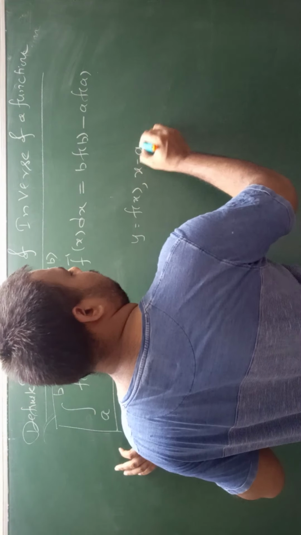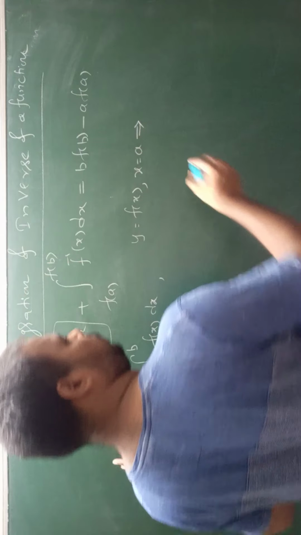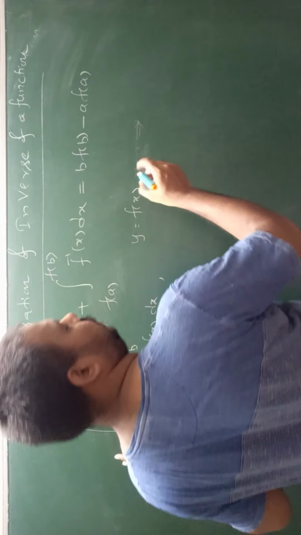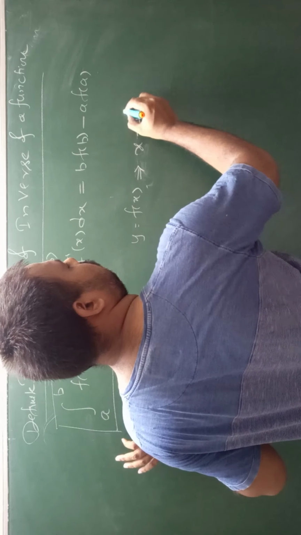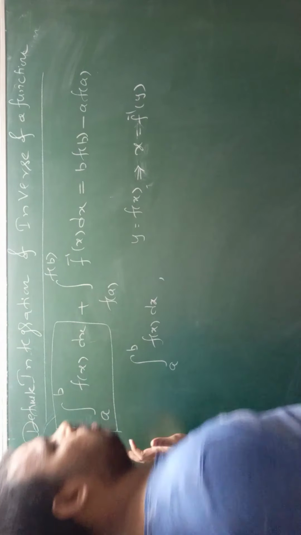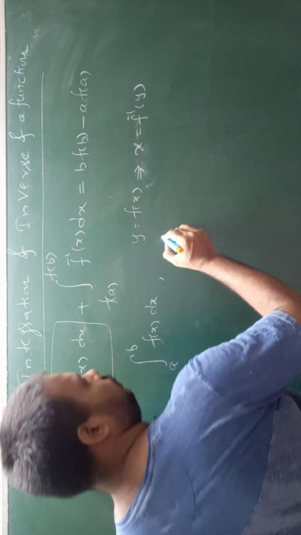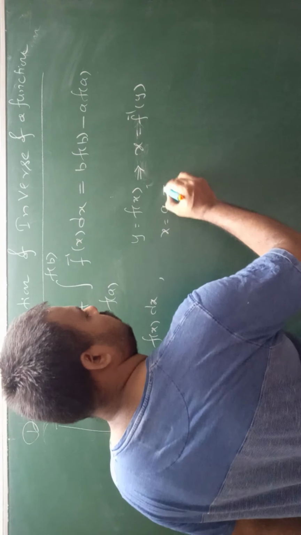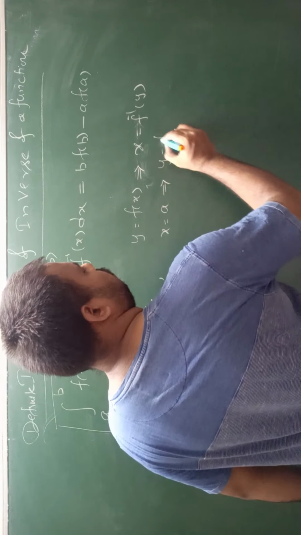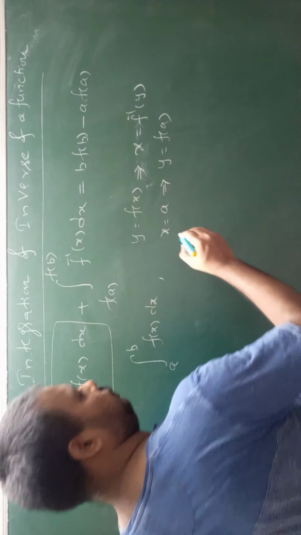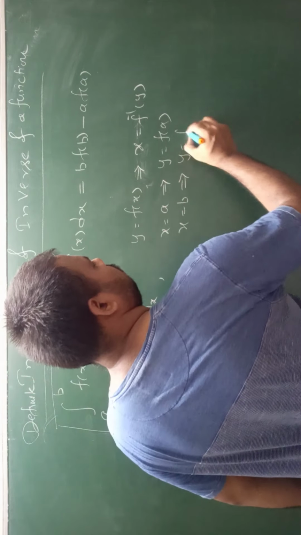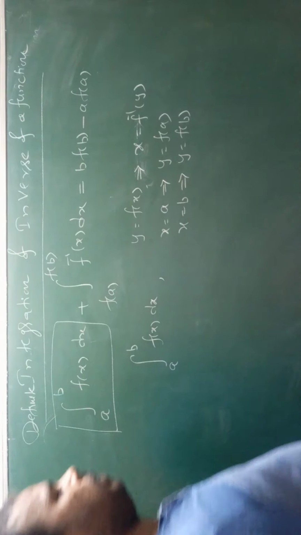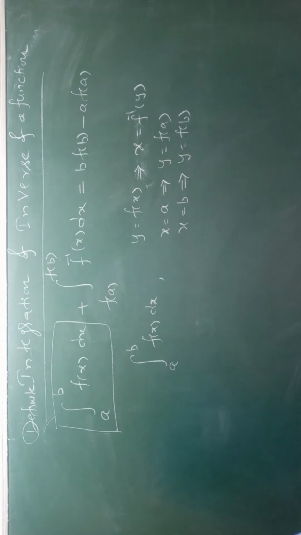Now y is equal to f of x, clearly that implies x is equal to f inverse of y. When x is equal to a, then y is equal to f of a. When x is equal to b, that implies y is equal to f of b.